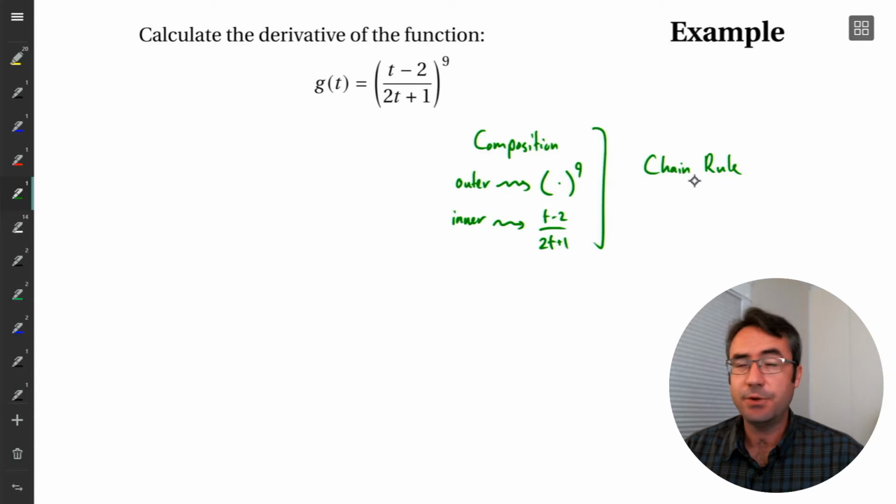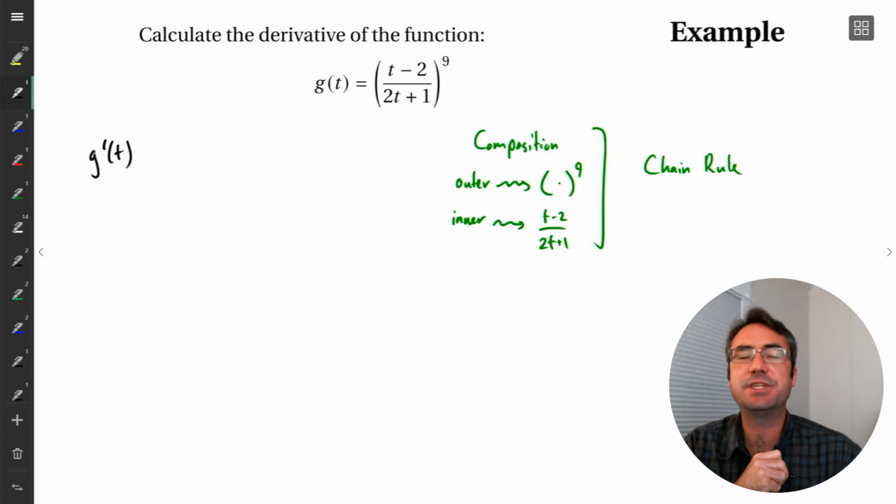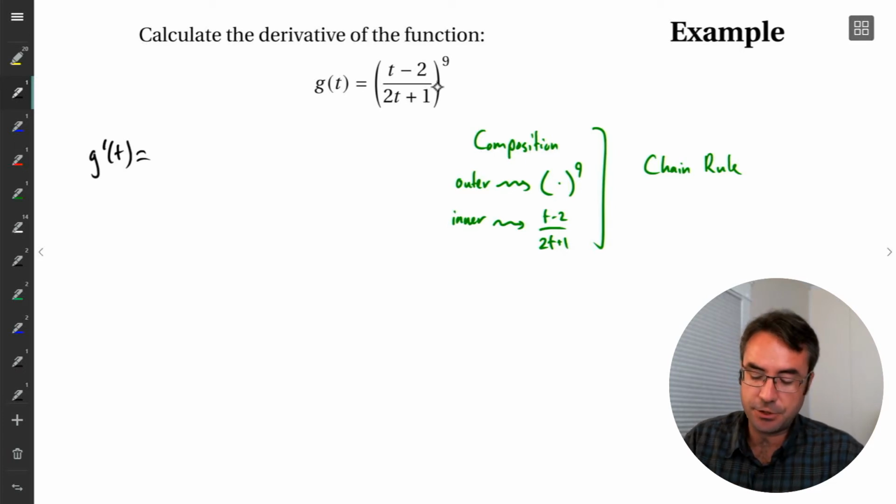So let's do it. Let's use our chain rule. And we're going to start by breaking through that outer function. We're going to calculate g prime of t. So we start with our chain rule, and we're going to differentiate that outer function. So bring down the 9. Keep what's inside the parentheses exactly the same.